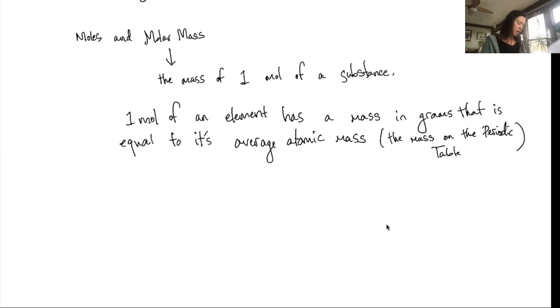If you look on the periodic table, we see lithium, atomic number 3. 1 mole of lithium is equal to 6.94 grams. So if I said, hey, I need you to go get me a mole of lithium, could you count 6.02 times 10 to the 23rd atoms of lithium and go, oh, here you go?